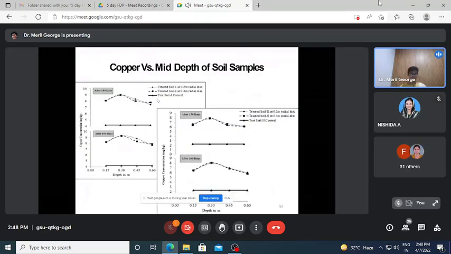So this was the result. From these results, it is clear that the maximum percentage of chemical adsorption is obtained at 0.3 meter depth and at a radial distance of 0.2 meter.